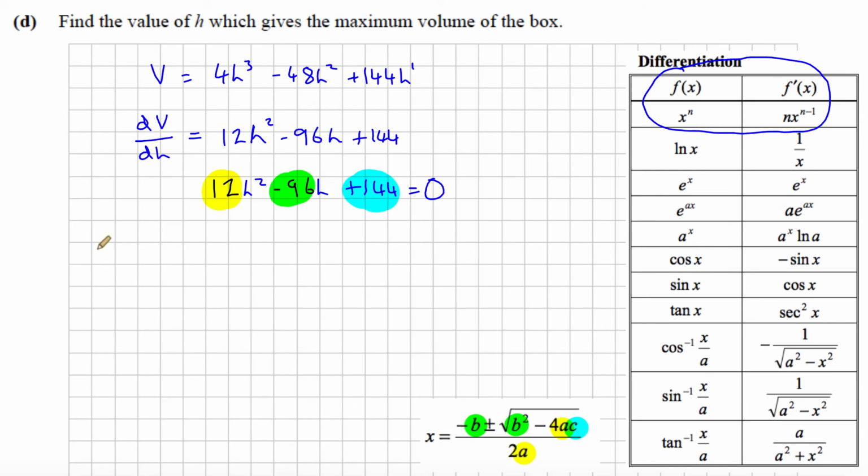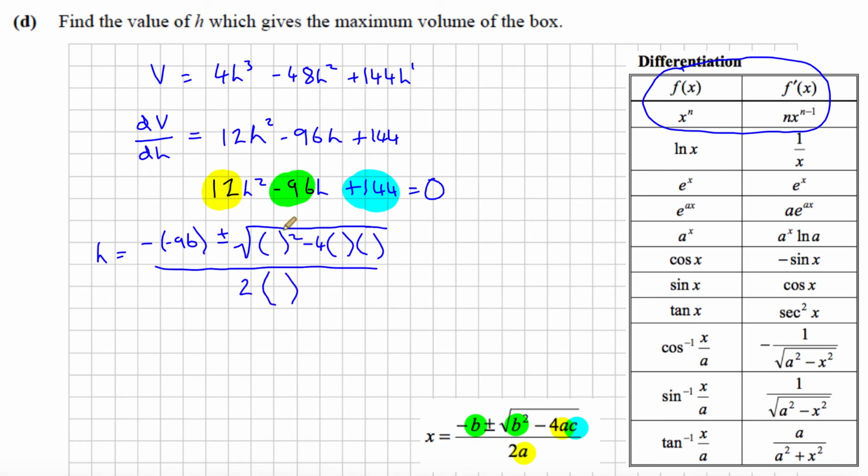So that gives me h is going to be equal to minus b, which is minus 96, plus or minus the square root of b squared minus 4 times a times c. So just replacing all the letters with brackets and filling them in. So b was minus 96, a was 12, and c was 144, and underneath a again, which was 12.